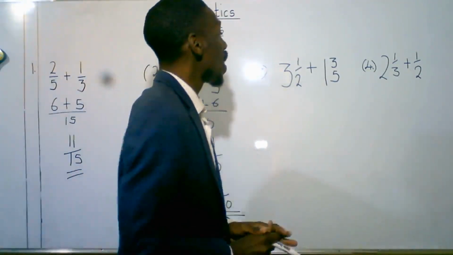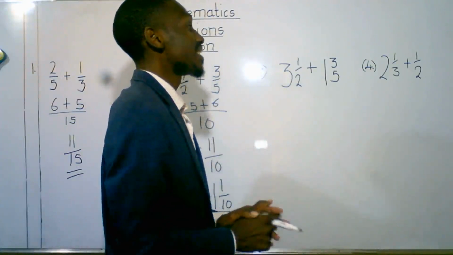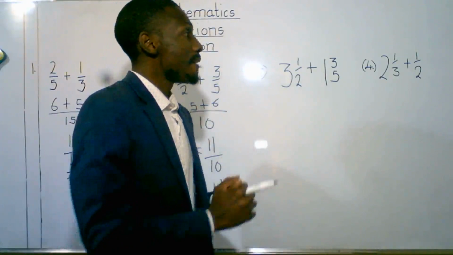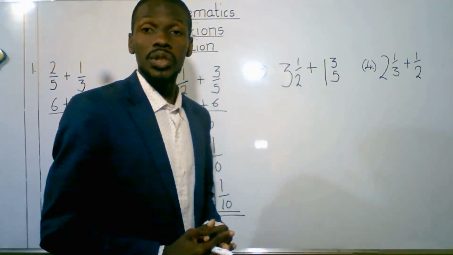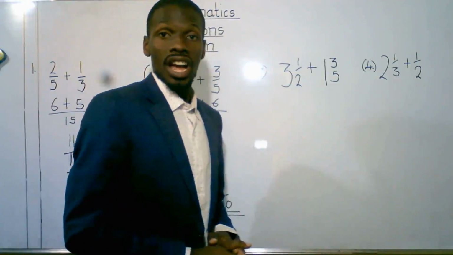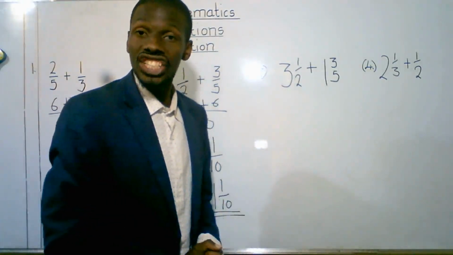We'll say 3 whole number 1 over 2 plus 1 whole number 3 over 5. What are we supposed to do? We've got 2 ways in which we can solve such a question. One is by converting each fraction into an improper fraction.